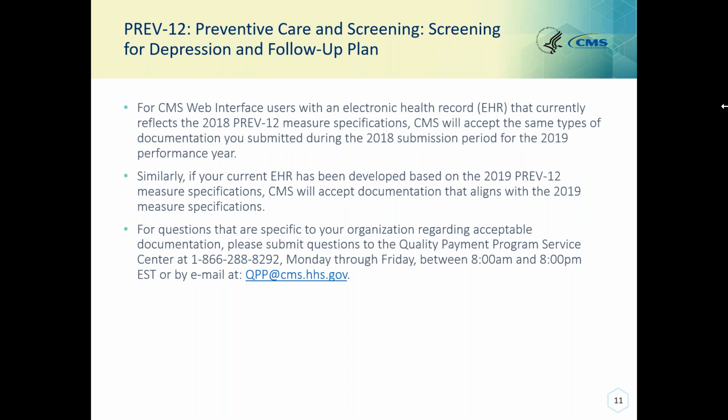Those are currently available on the Quality Payment Program Resource Library. The HTN2 specification is available along with release notes outlining which sections of the measure changed. If you still have outstanding questions on this particular topic, you can submit a case to qpp@cms.hhs.gov, and we can take a closer look at it for you.